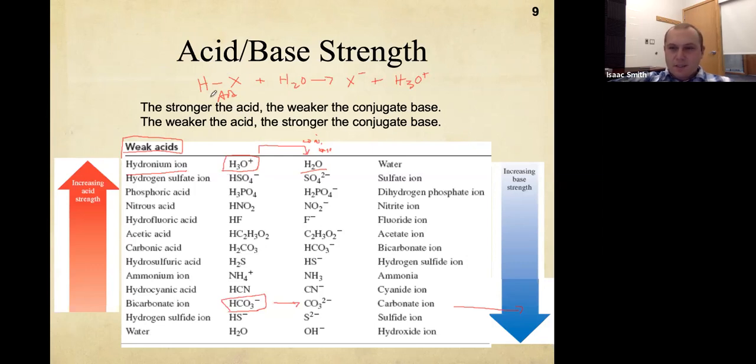The strong acids dissociate. So if it really wants to give up a proton and become this, in the reverse direction where it's acting as the conjugate base, it doesn't really want a proton that badly, so it's kind of a weaker base, right? So that shows how the stronger the acid is, the weaker the conjugate base.